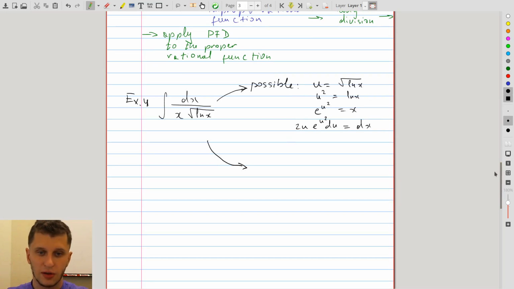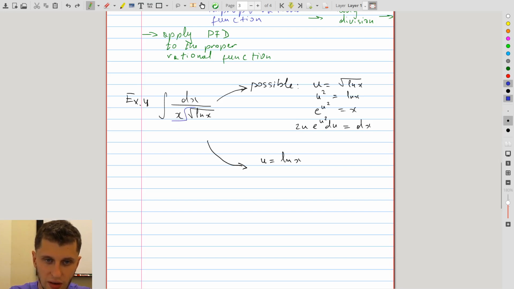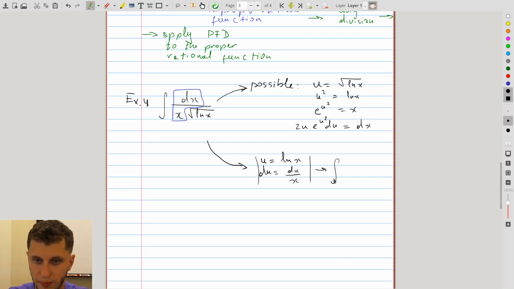Okay, so the simple u sub here is, of course, to set u equal to log x, because then, as I look at this expression here, it is precisely du, since du is dx over x. And so, using this u substitution, my integral becomes du divided by square root of u.